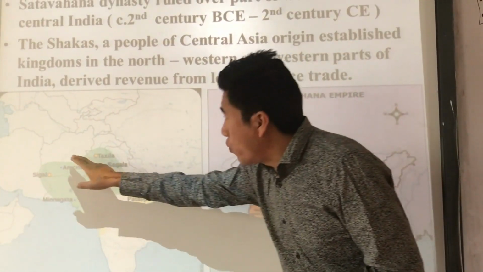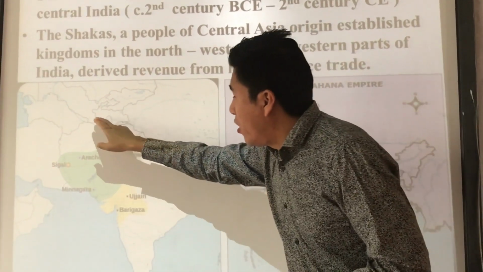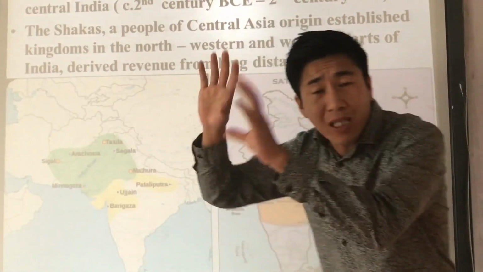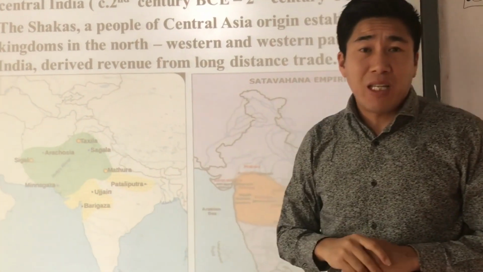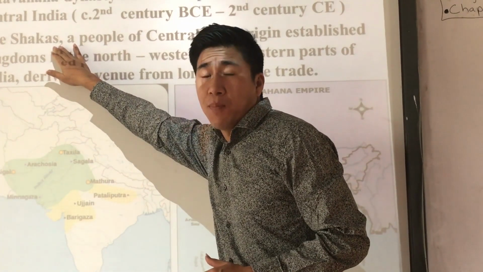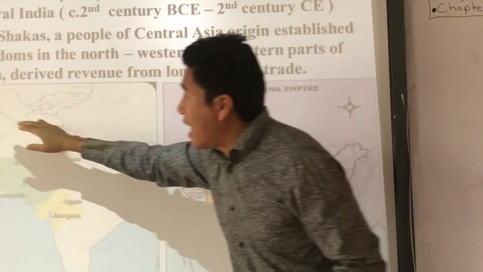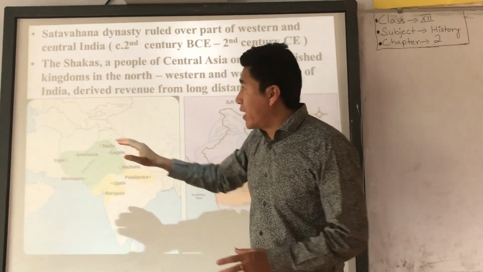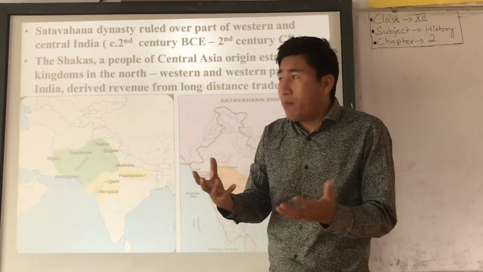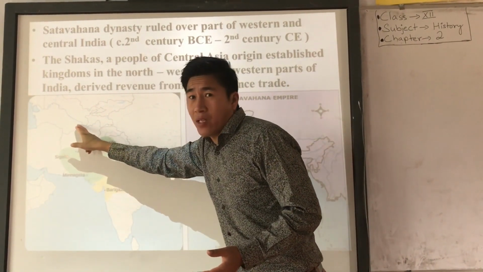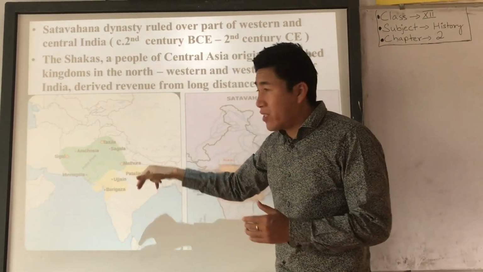We have Turkmenistan over here, then Uzbekistan, Kazakhstan, then Afghanistan, and all this area we call Central Asia. Now, the Shakas came from the Caspian region, the Caspian Sea over here. From the Caspian Sea they came to India. Some historians mention that they came from the Hindu Kush mountains in Afghanistan and entered India.